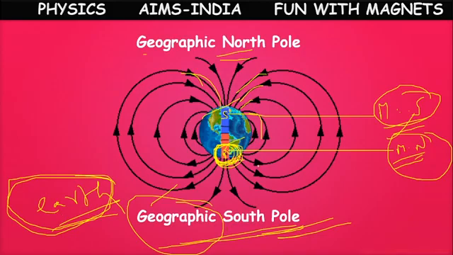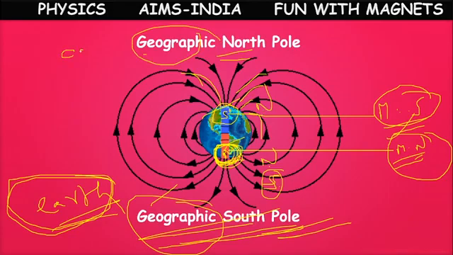Why is the magnetic north coming here? Because there is a south pole, the earth's south pole. That's why we named it the geographic south pole. In the same way, where magnetic south points, there will be a north pole of the earth, which we call the geographic north pole.